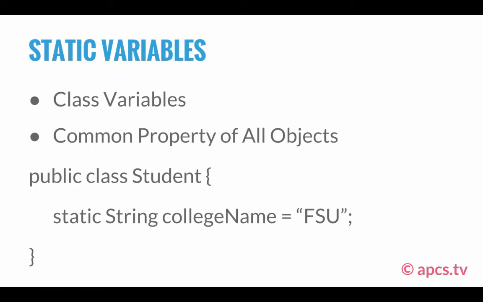It's just saved once, and then all the objects know that FSU is the college name. This helps us save a lot of space, and that's what makes the static keyword memory efficient. It also helps increase the speed of the program because there's less memory that needs to be stored. So again, the static variable is not necessary in this situation, but it's still being used to improve the speed and the memory efficiency of this program.